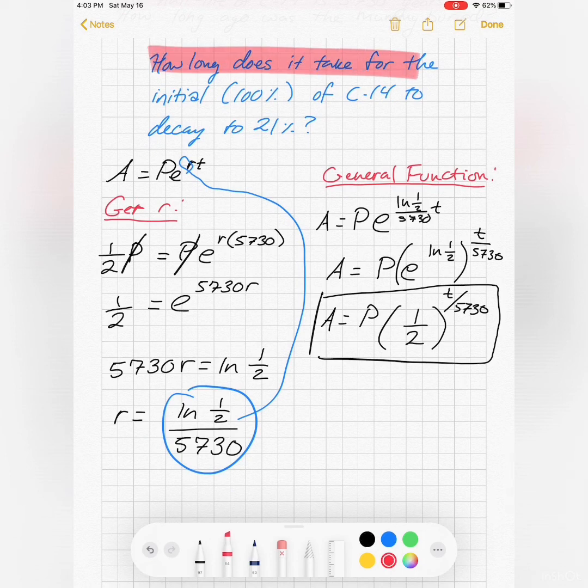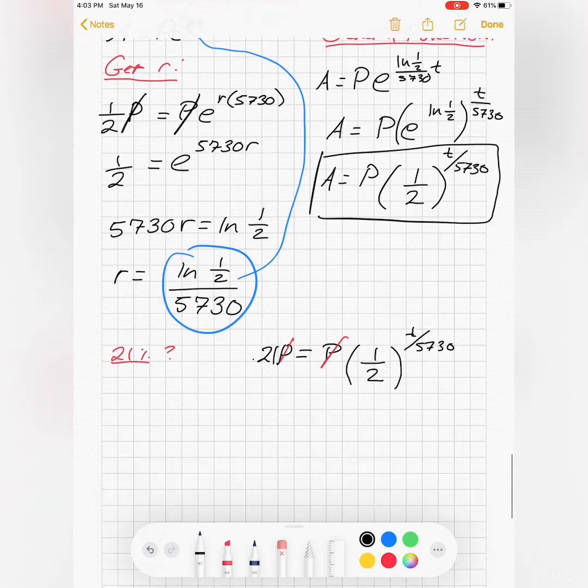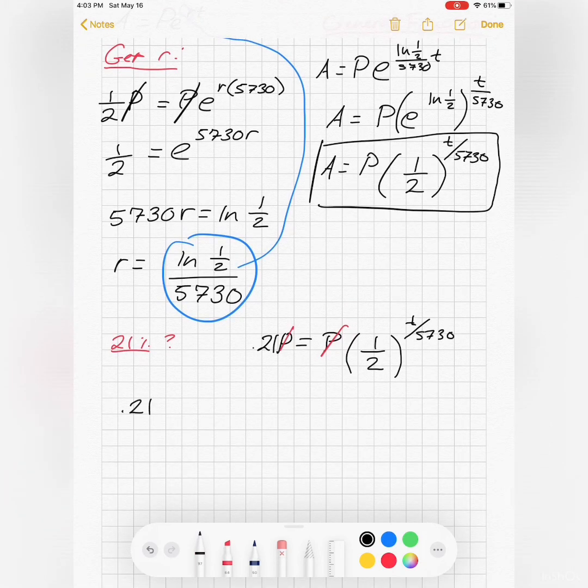But now I can go back up and answer this question. So now the question is, how long does it take for the initial amount of C14 to reach 21%? So in other words, if I'm starting with P, how long does it take to get to 0.21P? Cancel the P's. Should I be consistent? I'll do 0.5. Doesn't matter.